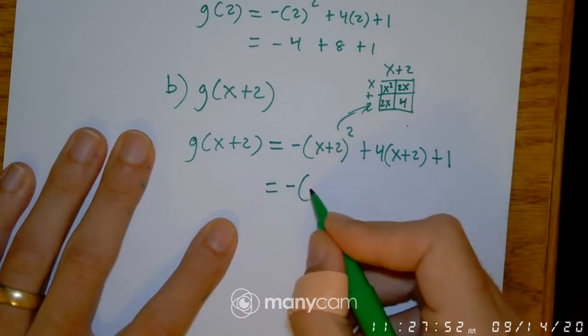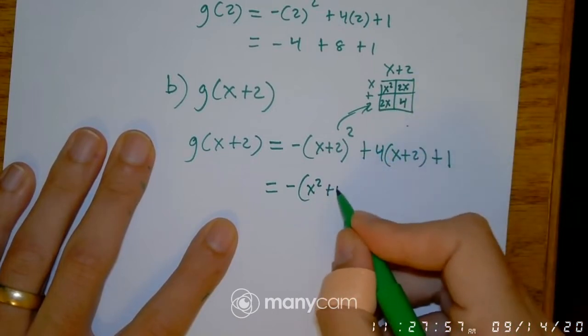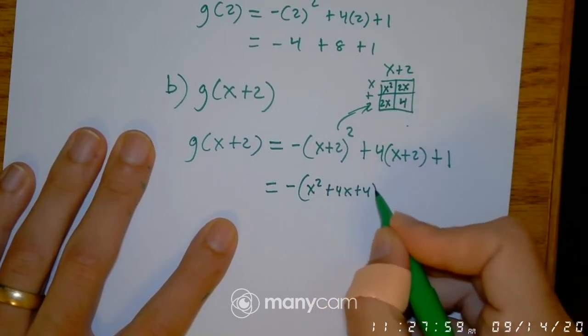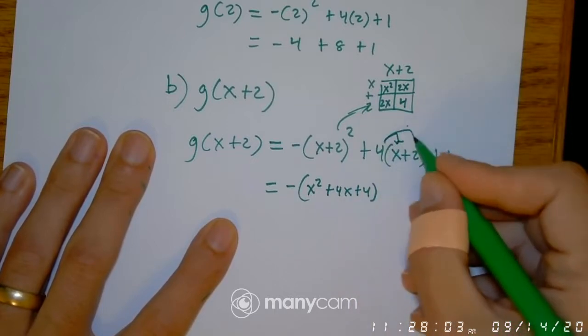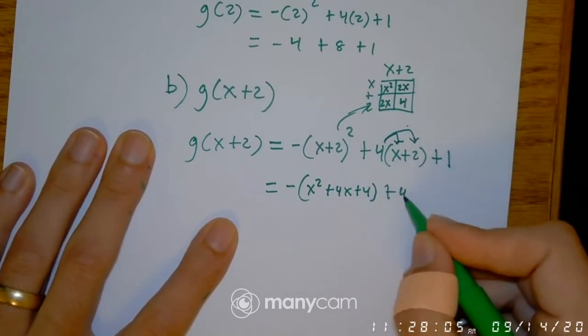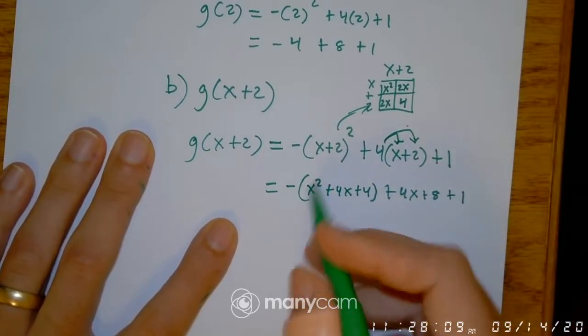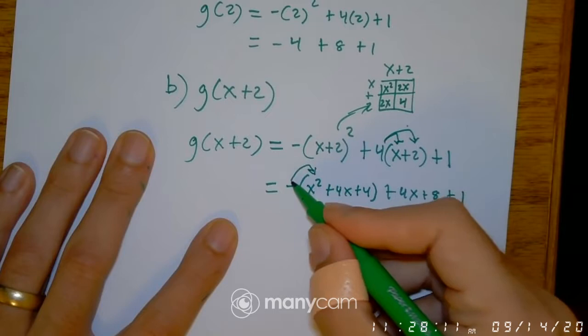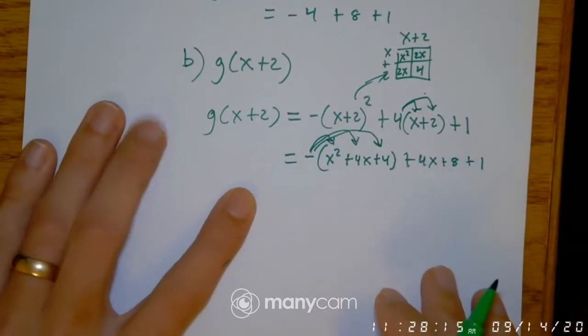Keep the parentheses. X squared, 2 x's, so that's 4x, plus 4. And then I used up the squared, and then here I would distribute. So I have plus 4x plus 8 plus 1. And then the last thing I would do here is distribute the negative and combine like terms. Okay?